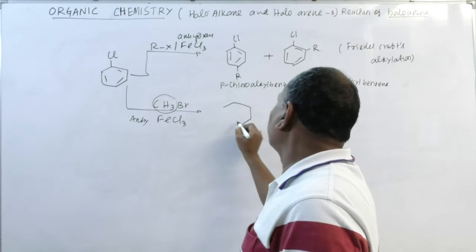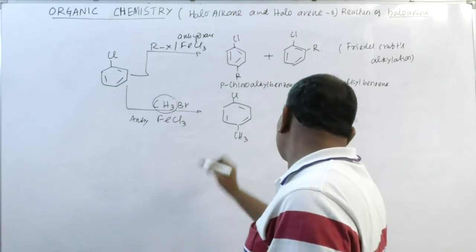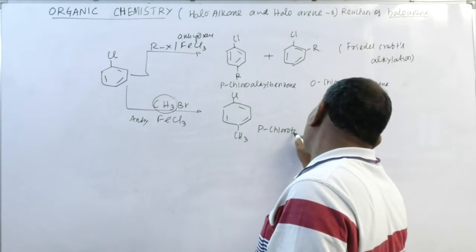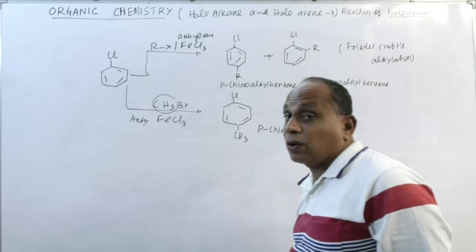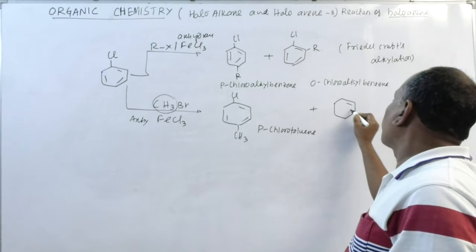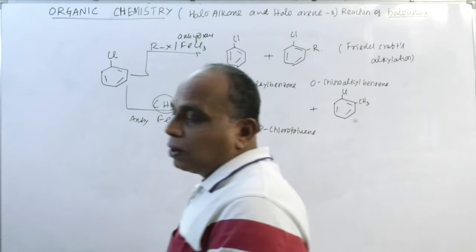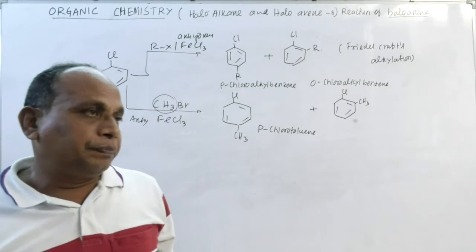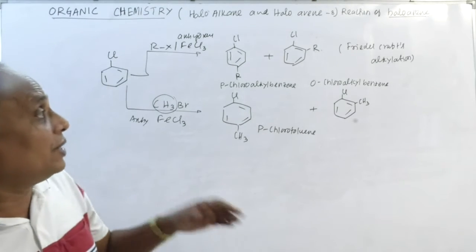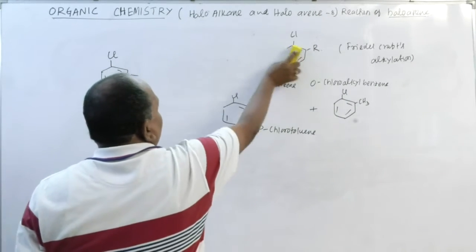That gives parachlorotoluene or parachloromethyl benzene, plus orthochlorotoluene or orthochloromethyl benzene. Okay, students, this is called Friedel-Crafts alkylation because the alkyl group is substituted in the benzene ring.